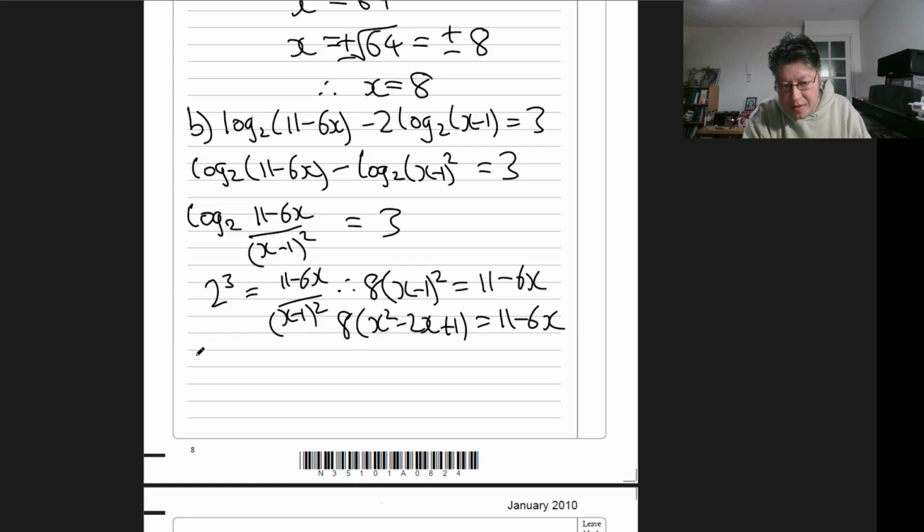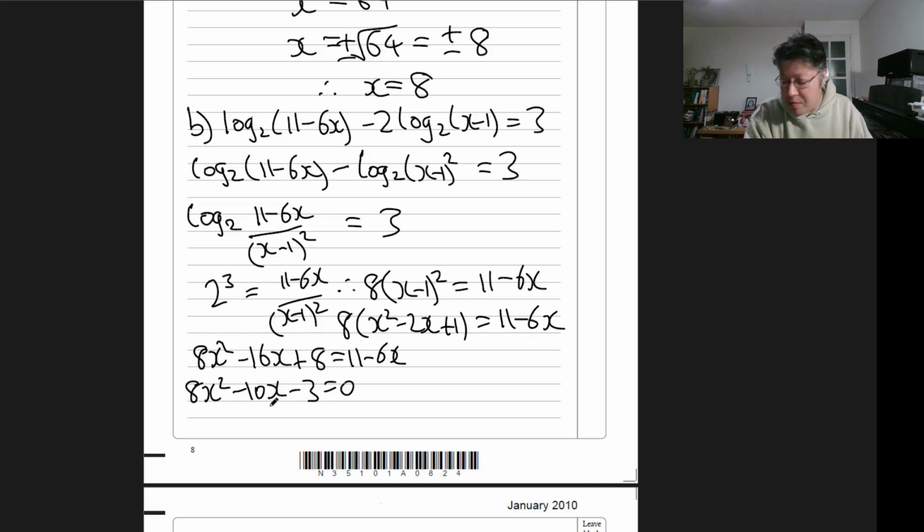I'll expand this bracket down here. So 8x squared minus 16x plus 8 equals 11 minus 6x. Let's bring everything to the left. So we have 8x squared minus 10x minus 3 equals 0. We need to solve this quadratic.